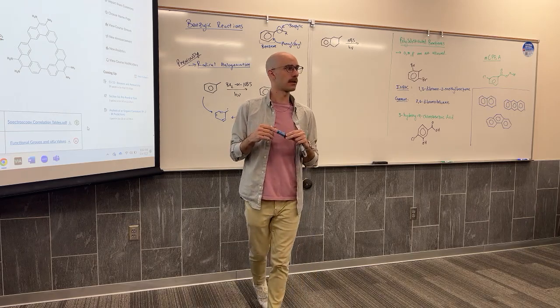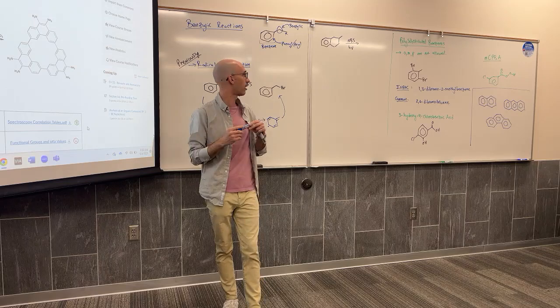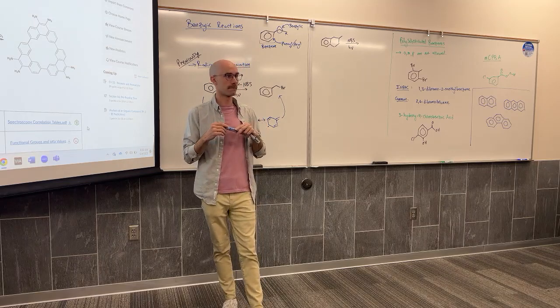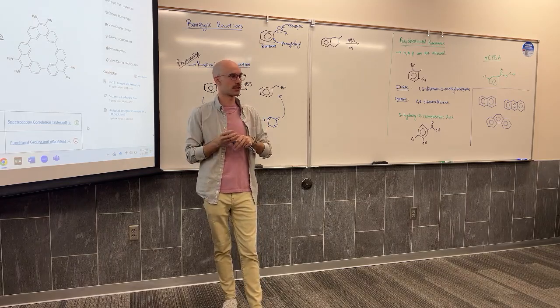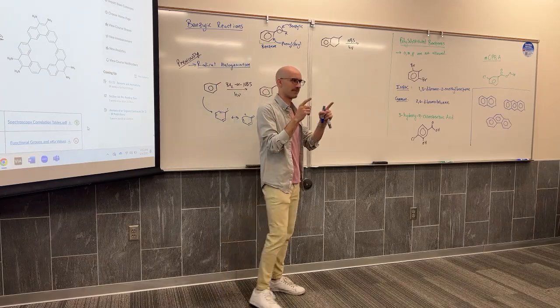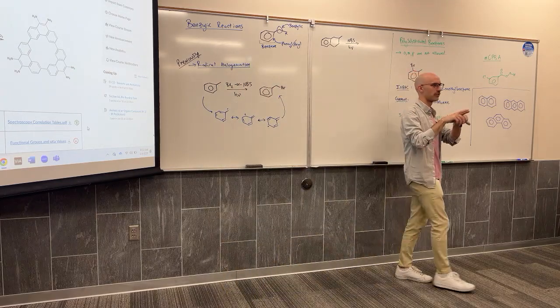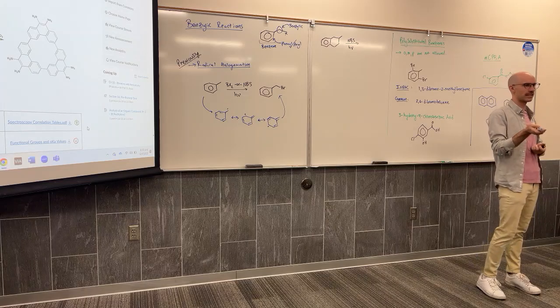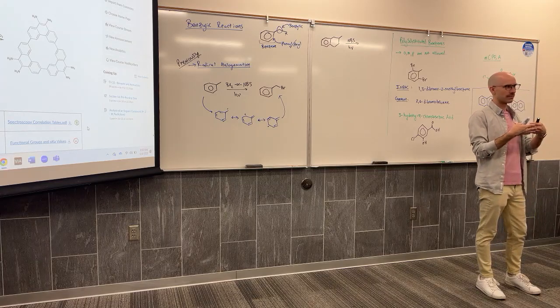Ortho, meta, or para? Not para. Ortho. They're a 1-2 relationship. I don't really have a good way of connecting ortho to 1-2, para to 1-4. So if you guys think of a good way to make them make sense rather than just memorizing them, I'm all ears.